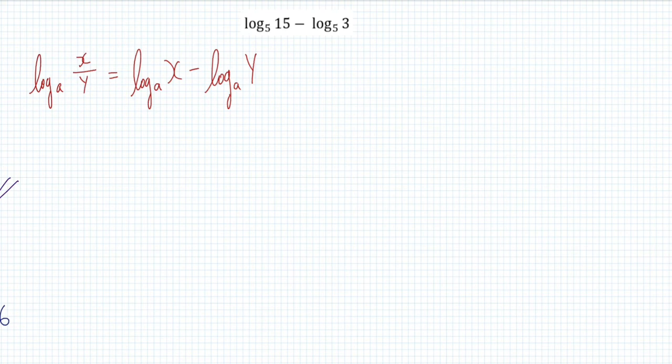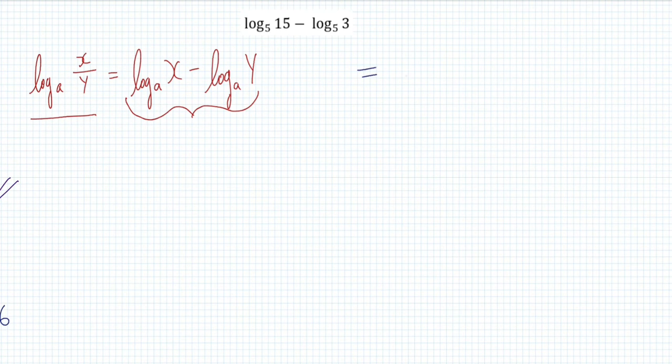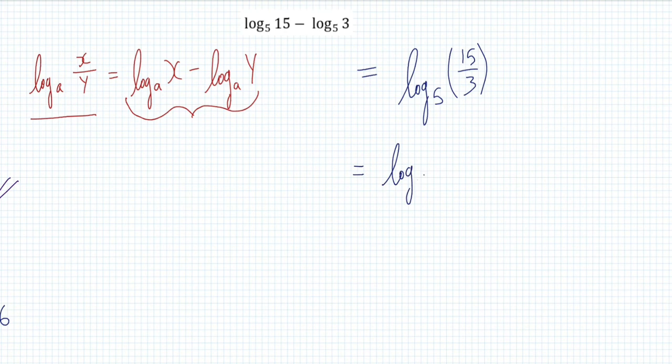So once again, we have something that looks like the right side, and we want to get it into something that looks like the left side. So we can follow this proof and just go log base 5 of 15 over 3. And we know that that is equal to log base 5 of 5.